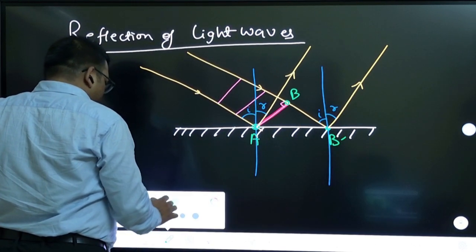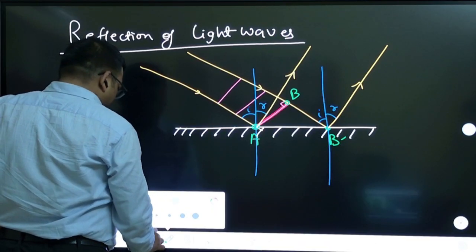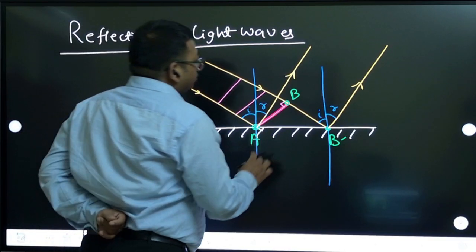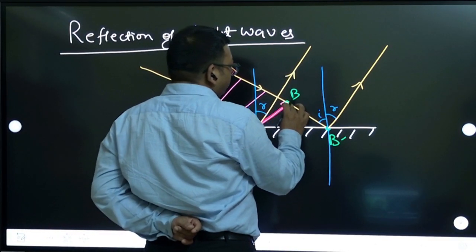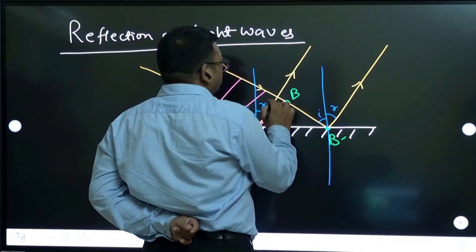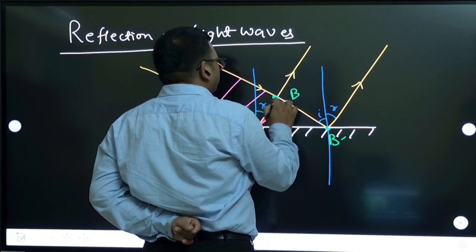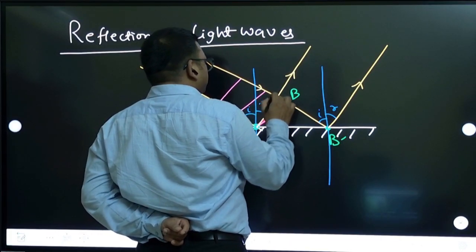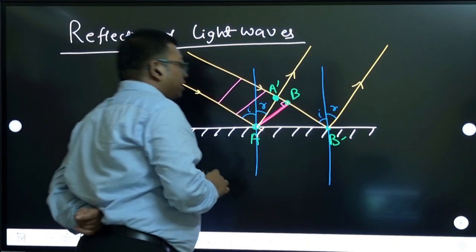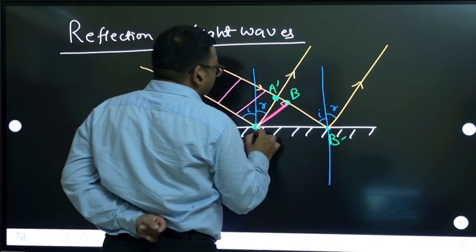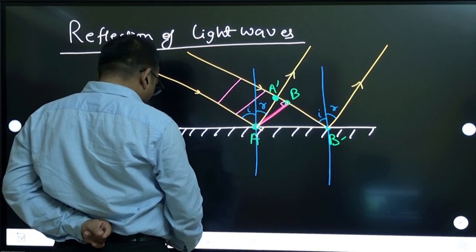Now I need to draw that point A dash. Where should I draw that? We need to draw that carefully. By the time waves come from B to B dash, A gets reflected and it may come somewhere here. Let us say this point is B dash. So A, B, B dash is one triangle, and we also need to make another.